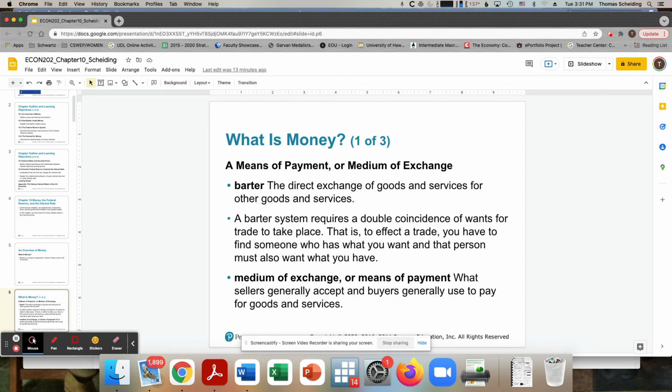So, what would we do if we didn't have money? Well, if we didn't have money, then we would have to directly exchange goods using a barter system, right? And so that would mean that in my case, I would have to deliver economics lectures for food and for rent, or my mortgage payment and other kinds of things.